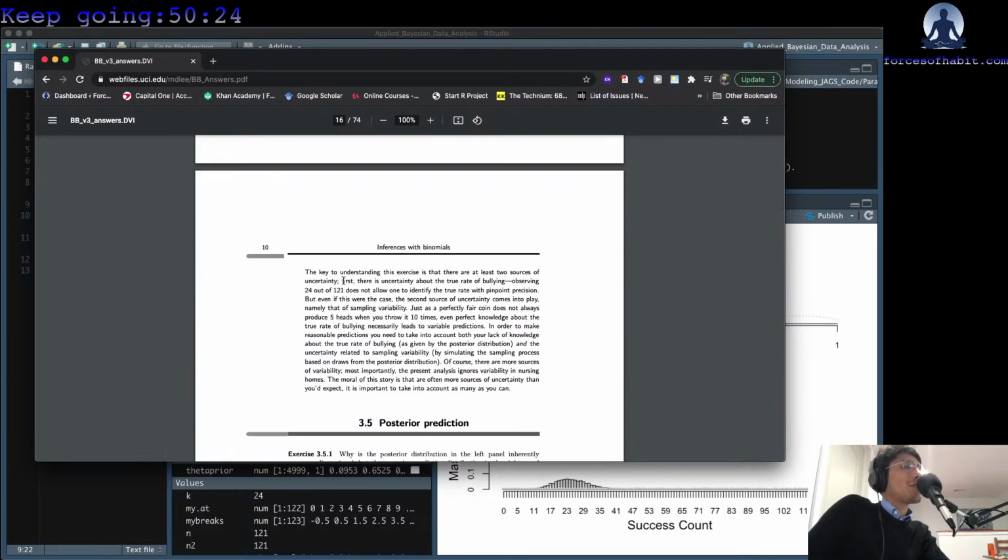So there are at least two sources of uncertainty. First, there's uncertainty about the true rate of bullying. Right, so just because we observed 24 out of 121, this doesn't give us the exact theta. But even in the case where the second source comes into it, namely sampling variability.